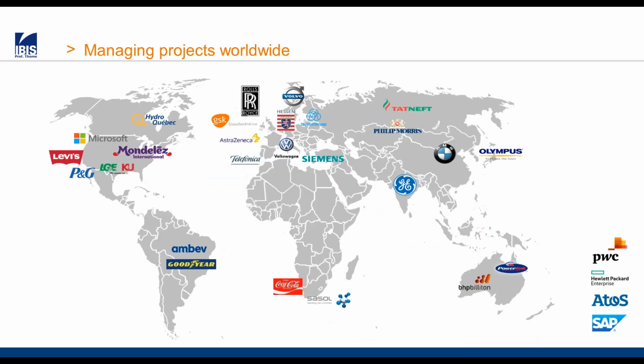You see on the next screen customers in all areas of the world, for example Rolls-Royce in the UK, General Electric in India, and Mondelez, often with partners like PwC, Hewlett-Packard Enterprise, Atos, or last but not least, SAP itself.